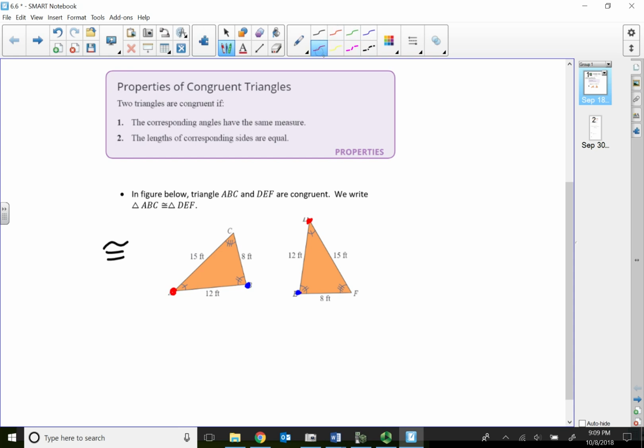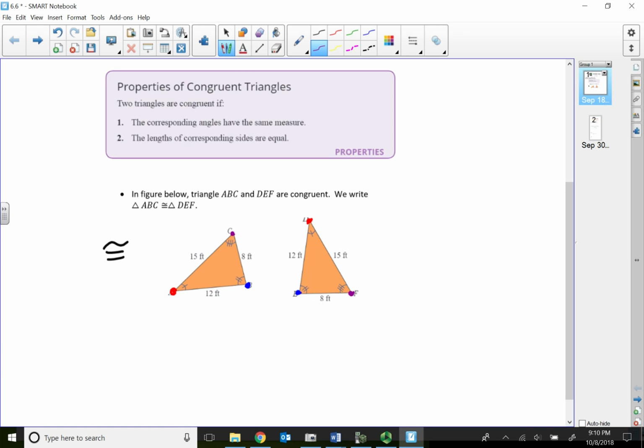And C has three dashed lines and corresponds with F. So basically, in order to be congruent or similar, the first thing we have to do is match up their vertices, and make sure these angles are congruent.